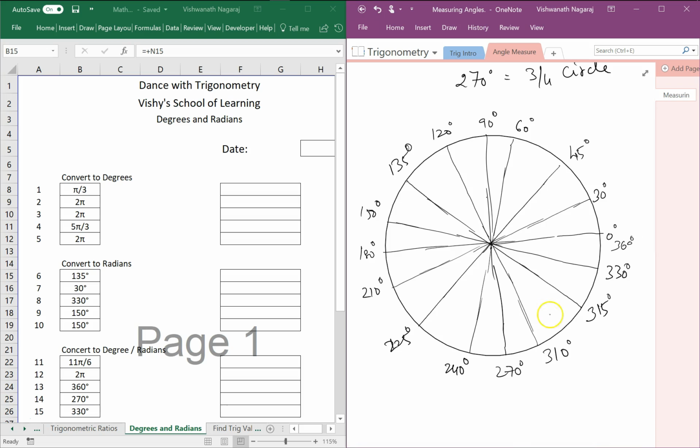Okay, so it may not be very accurate, that's not the point.